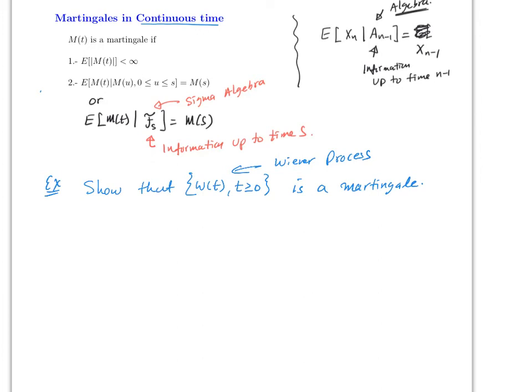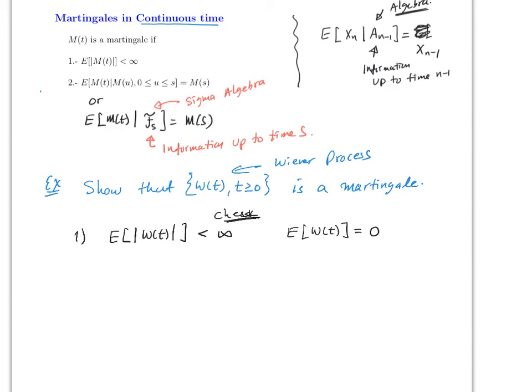All right, so the first part, the expected value of the absolute value of W_t, should be obviously finite. Why? This is going to be left to the reader to check. It's actually pretty easy to show this is the case. Remember that the expected value of W_t is equal to 0. So you put the absolute value there, things shouldn't change that much. So you should check this yourselves.